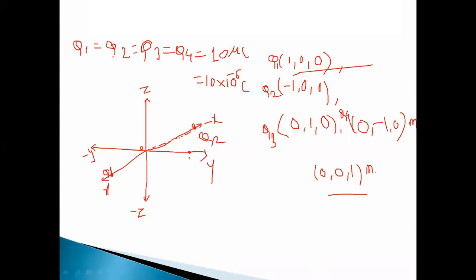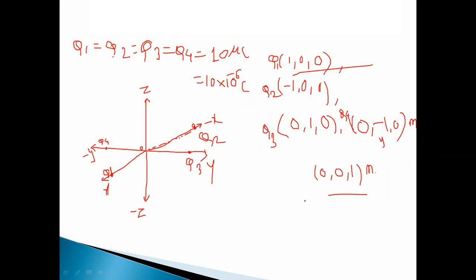So here is your charge Q3. Then charge Q4 is located at (0, -1, 0), meaning y is equal to minus 1, so it is on the minus y-axis. This Q4 is located on the minus y-axis.